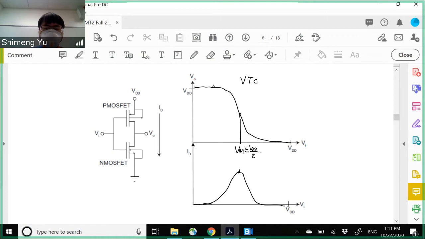That means this VTC will shift to the right. So the logic is PMOS wider, stronger, relatively NMOS weaker, so it's less likely to pull down. Then you have this VTC shifting to the right.